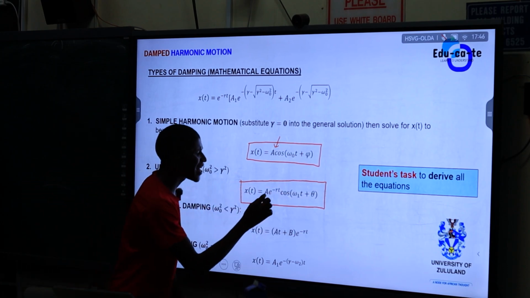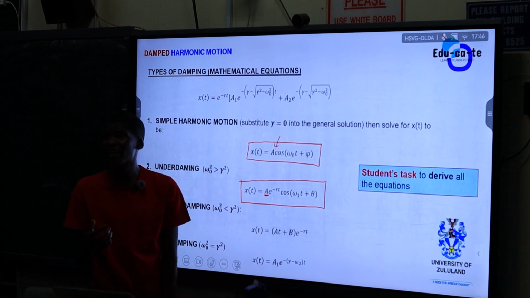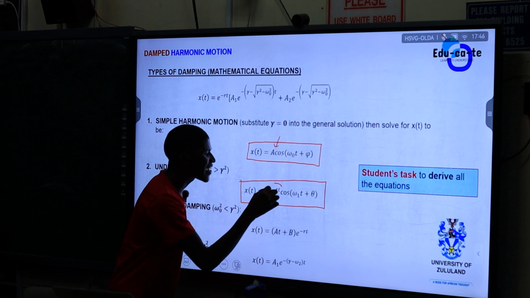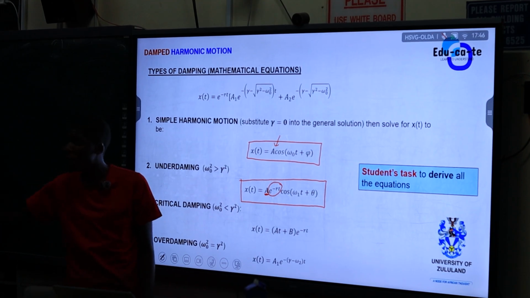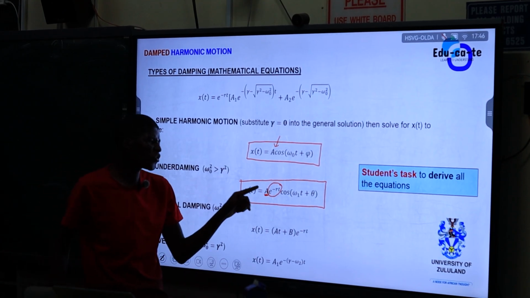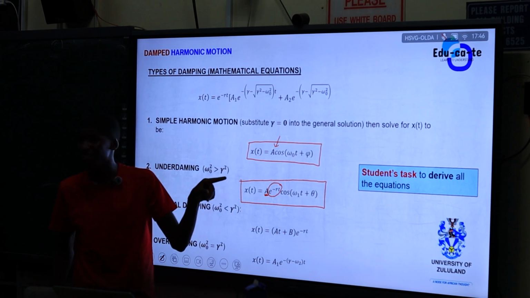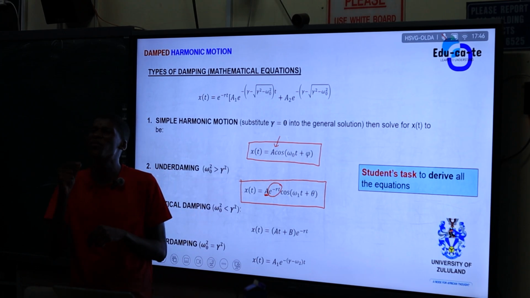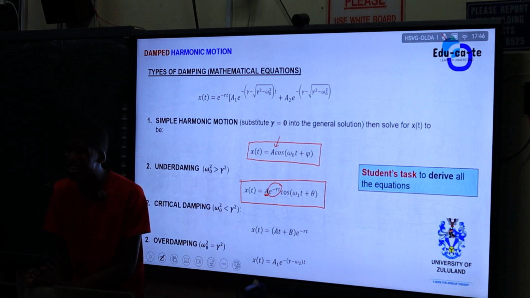The amplitude that you started with, A, will decrease exponentially. The e to the power of negative rt, mathematically it simply means it's a decreasing natural exponential function. So the amplitude that I've started with is going to decrease exponentially. But it will still oscillate because we are in under damping.